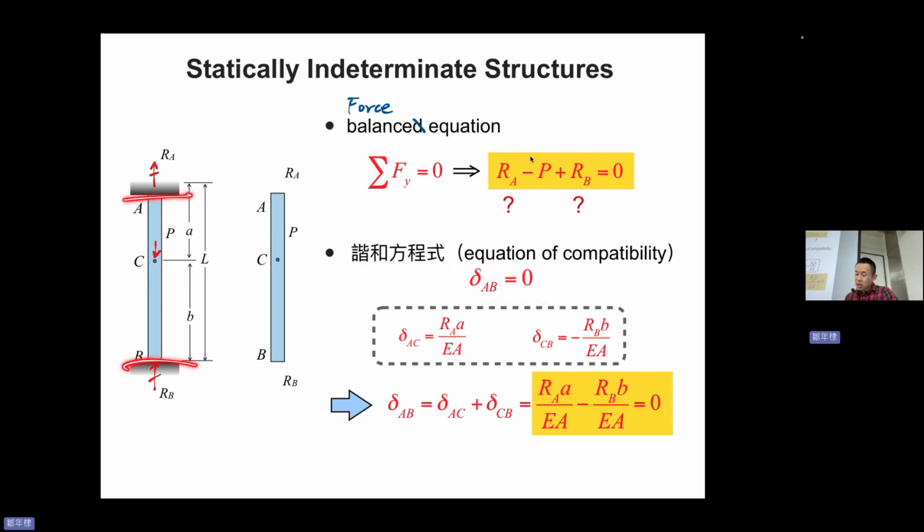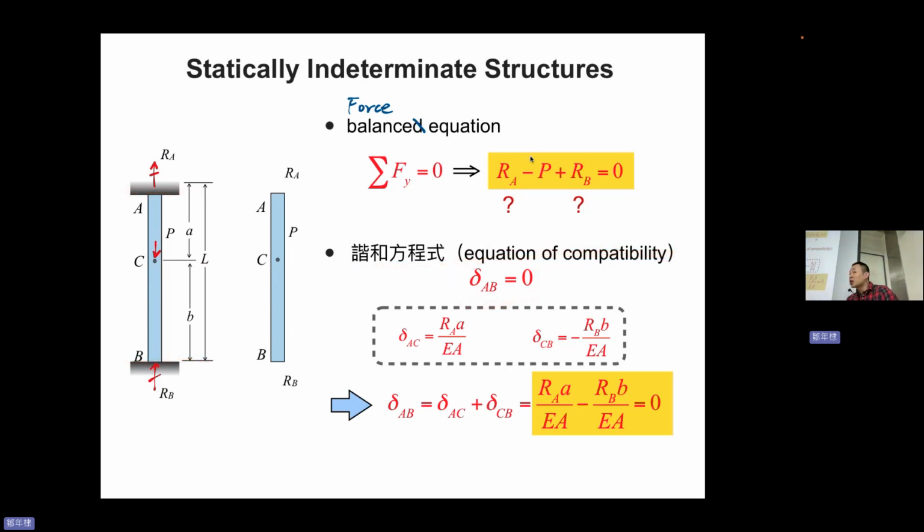They are fixed, so they must maintain this condition, and there's no total deformation for this bar. Because you added an extra ceiling, you have more unknowns, but it also tells you something about the deformation, because the deformation has been limited. So it provides another equation, called the compatibility equation. Delta AB equal to 0 in this case.